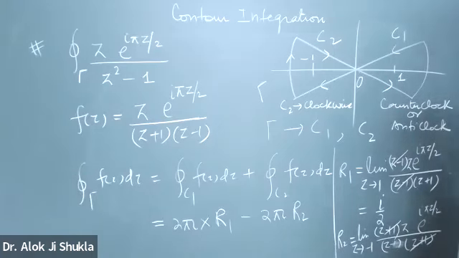And z plus 1 gets cancelled, and if you put z equal to -1, we get minus i by 2.